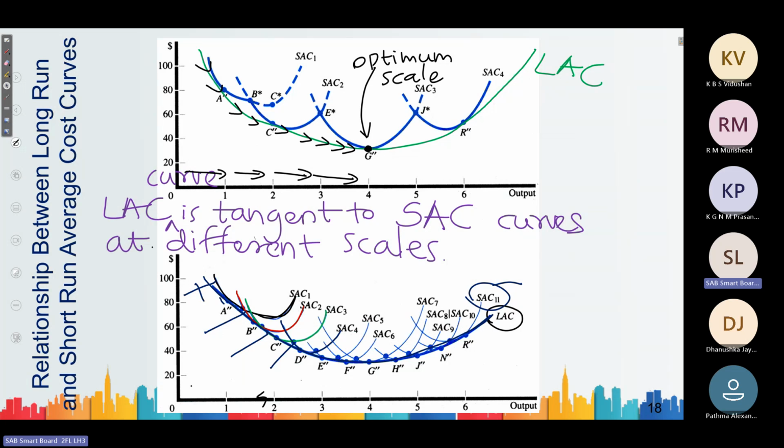Before reaching the optimum scale, the long run average cost curve is continuously declining.